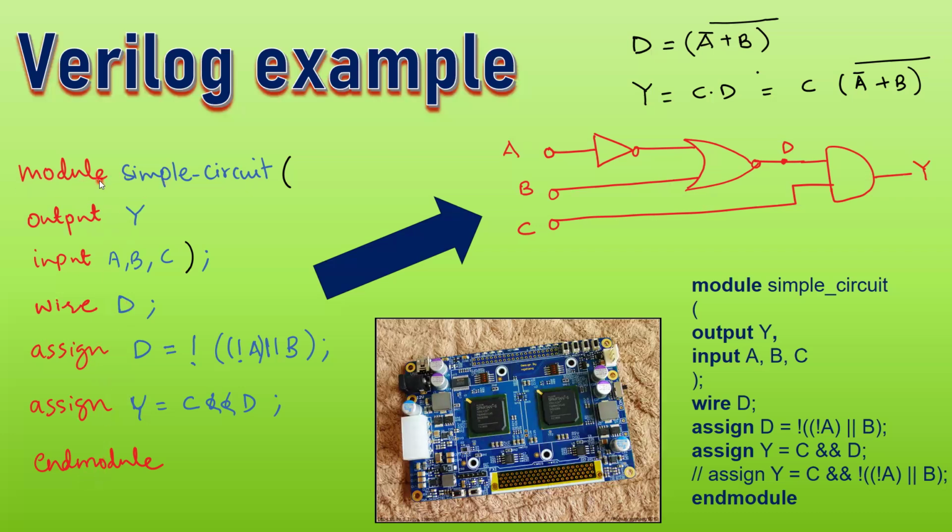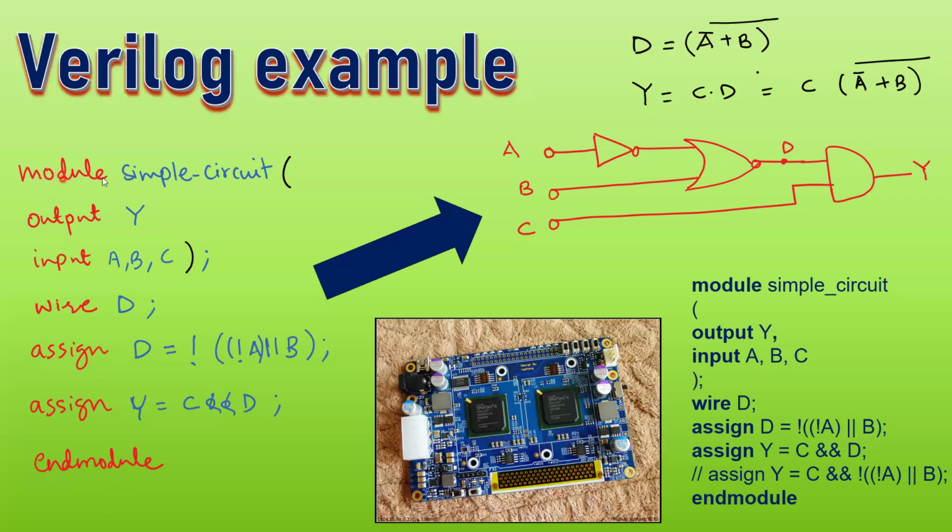So I have manually written a code that I will explain in a moment, and you can also type the same code here. You will always see that Verilog coding starts with two constructs, the module and the endmodule.